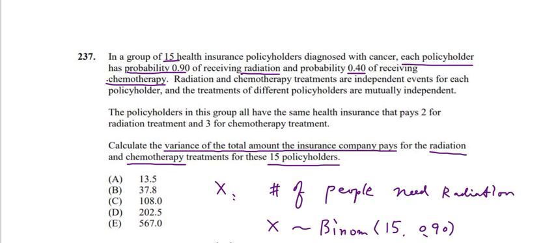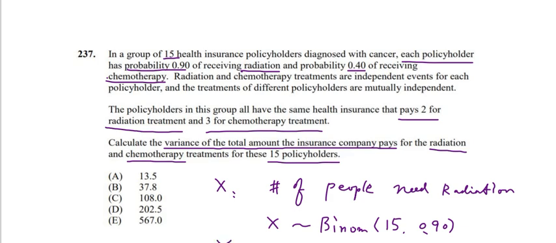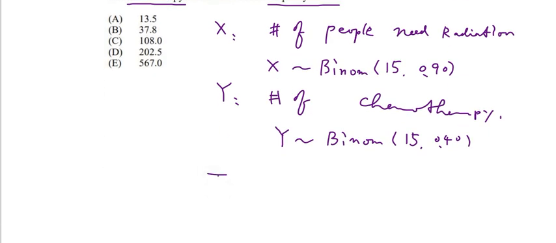So we separated these two treatments. For x, radiation treatment, there are so many, and for chemotherapy treatment, we have so many. The cost the insurance should pay for those is 2 for one treatment and 3 for the other. So total pay T is just equal to 2x plus 3y, right?